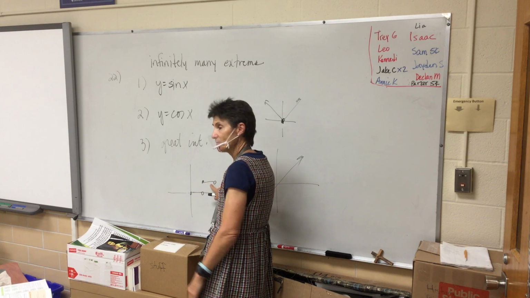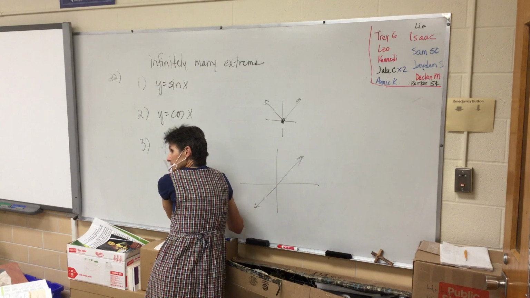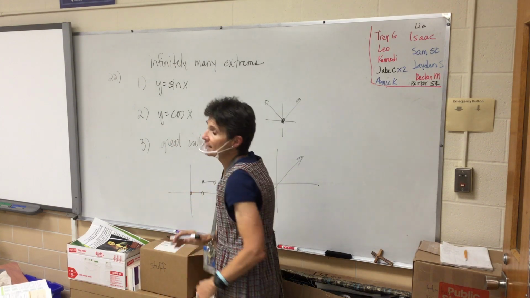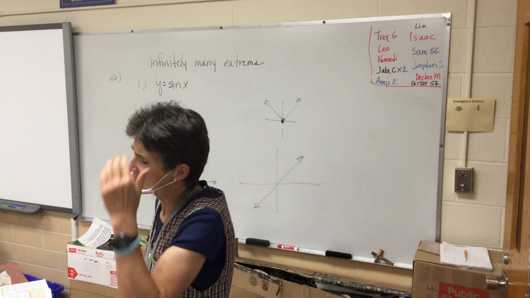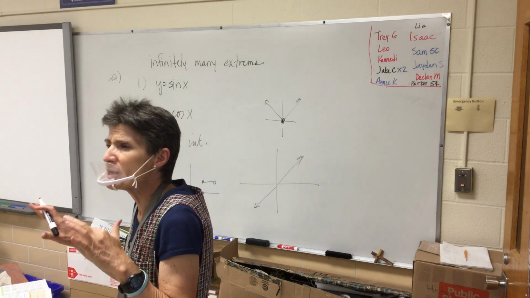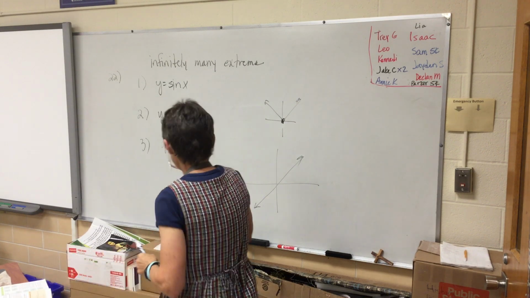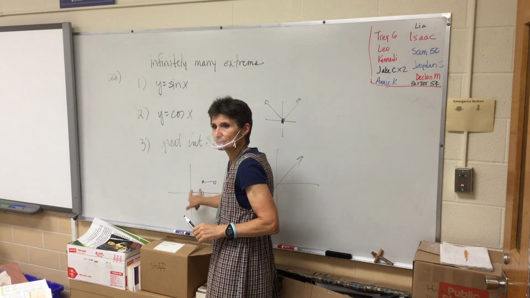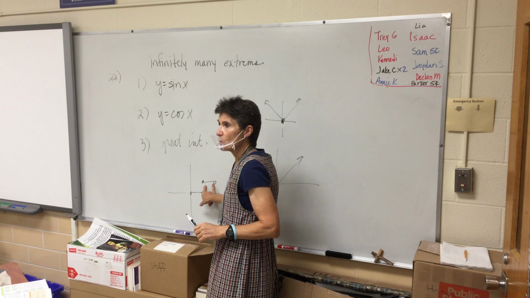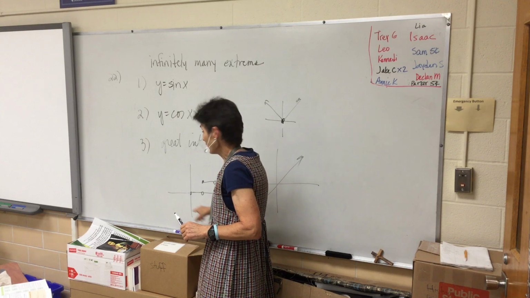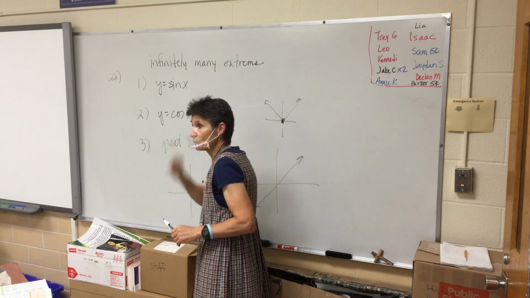That is the maximum value for this locality, and then another one, and another one. I don't like the greatest integer function because all the weird things happen with that one. Those are considered local maximums. So they are technically extrema, and therefore there are infinitely many of them because it goes forever.